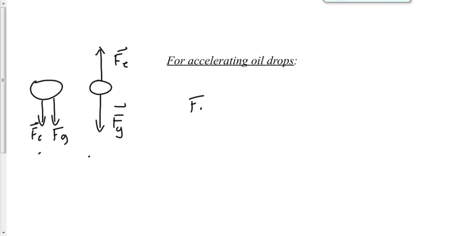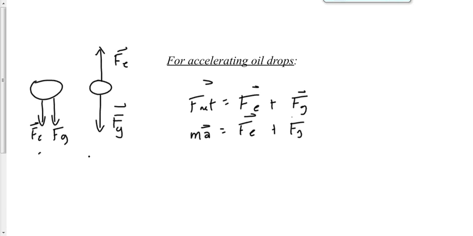The net force is equal to the sum of the forces. In this case, it's Fe plus Fg. Ma is equal to the sum of the forces. Look, in Physics 20, you could do this. This is where it would end in Physics 20 right now, but you could get this far. Let's actually replace Fe with Q times the electric field. And let's replace Fg with M times G.